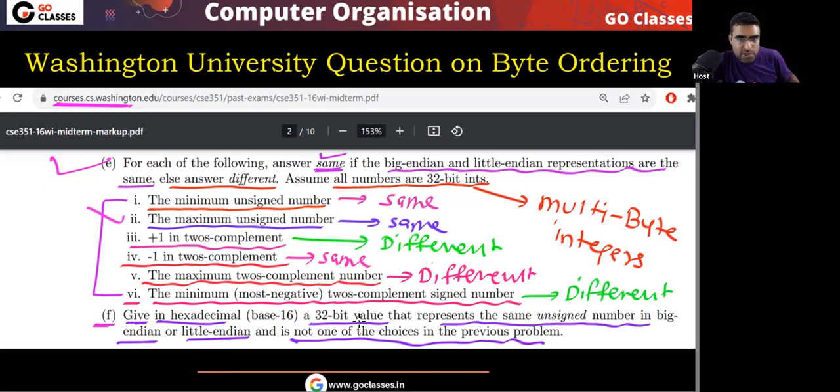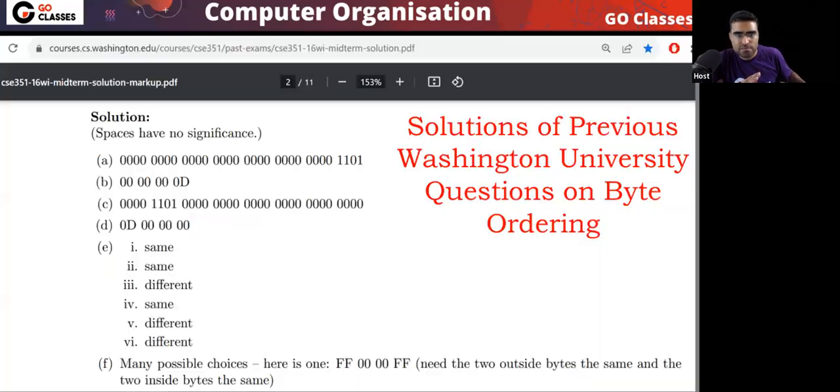You give me a 32-bit value that represents the same unsigned number in the big endian and also in the little endian. So tell me, what will be the answer for part F?